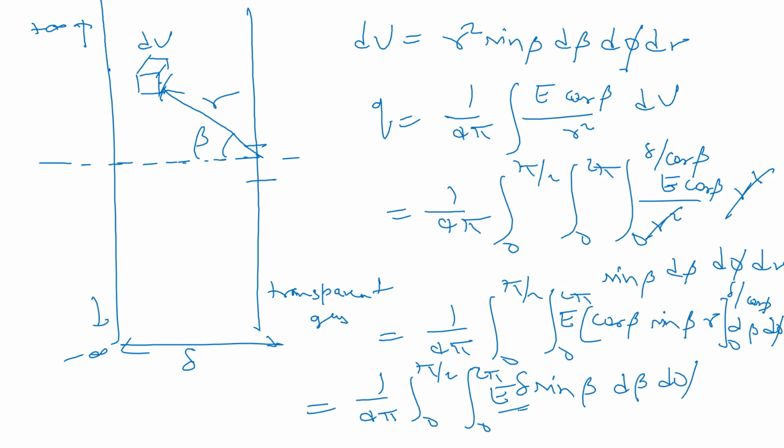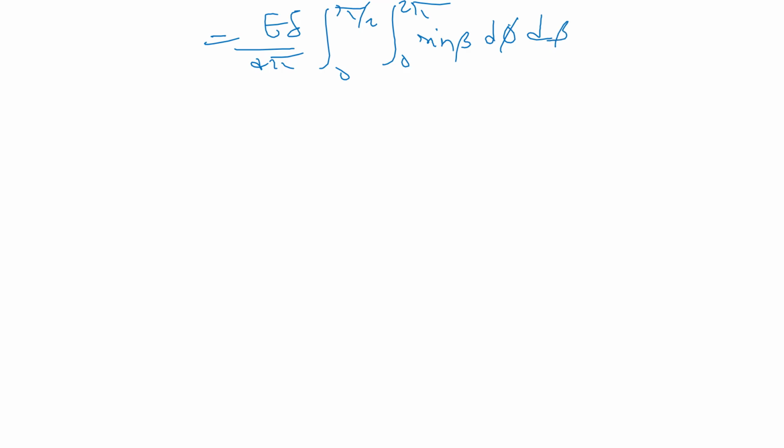So this E delta I will take out, and I will get E delta upon 4 pi integration 0 to pi by 2 integration 0 to 2 pi sine beta d phi d beta.